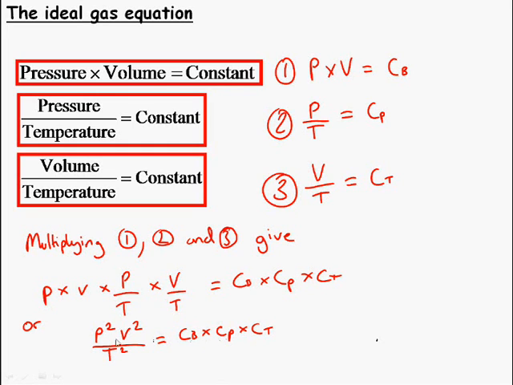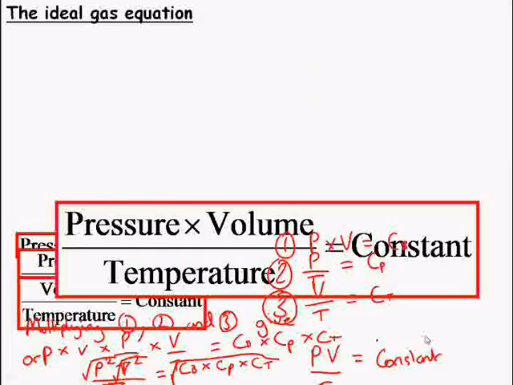I can now take the root of this, because P squared V squared over T squared is the same as PV over T times PV over T, or PV over T in brackets squared. So I can take the root of that and the root of the other side to get PV over T is equal to the root of CB, CP, CT, which is equal to a different constant again. But the point is that it's constant.